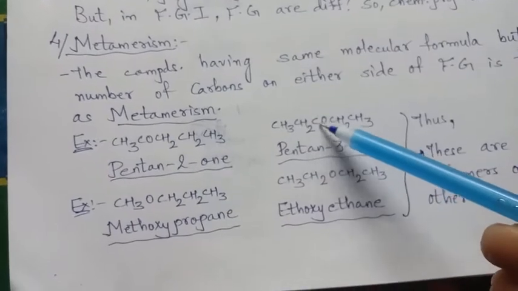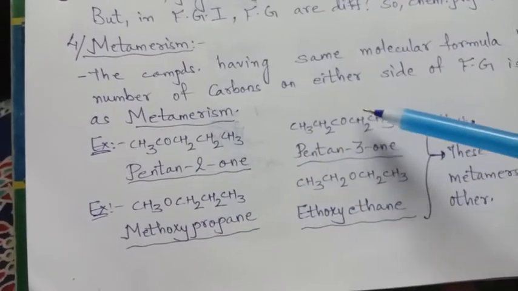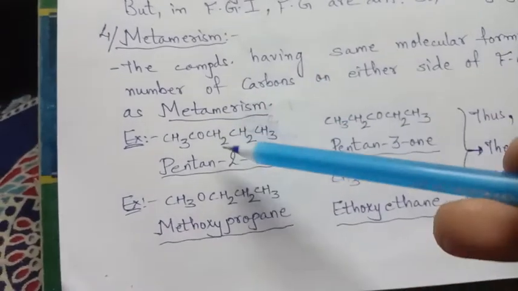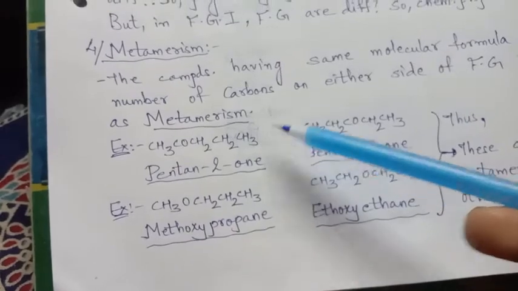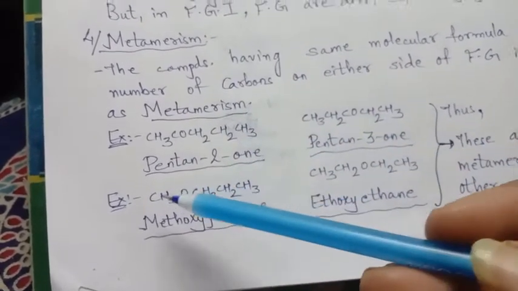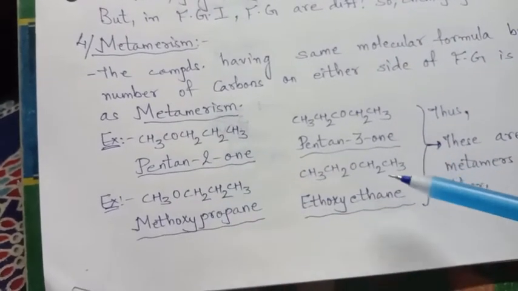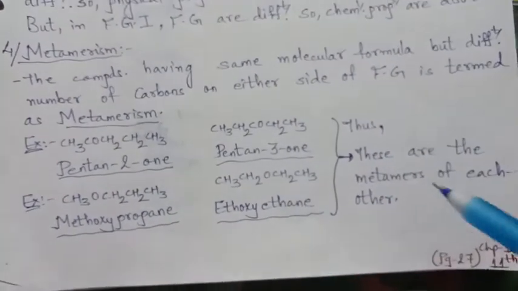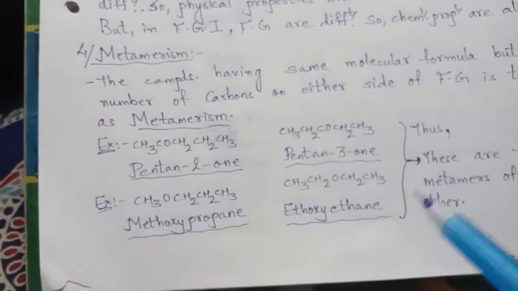Don't compare here that here also 2 and here also 2. We have to compare this with this. Here one side 1 and another side 3. Whereas here both sides 2. So the comparison is between these two. Here also 1 and 3. So compared to this it is different. Right? So thus these are the metamers of each other.